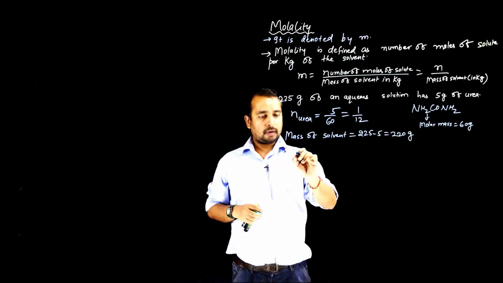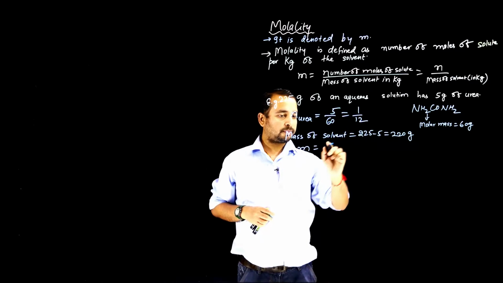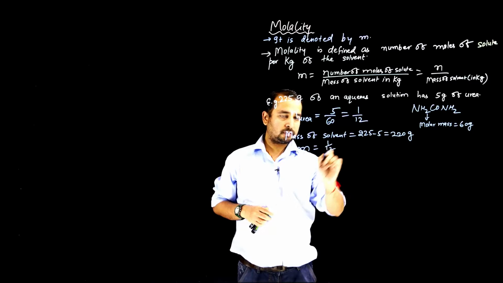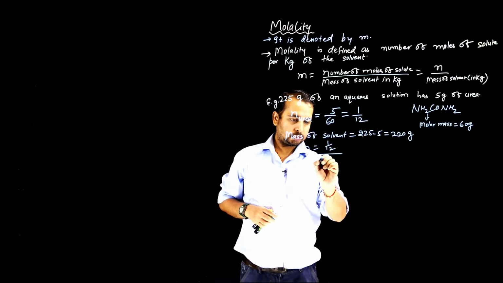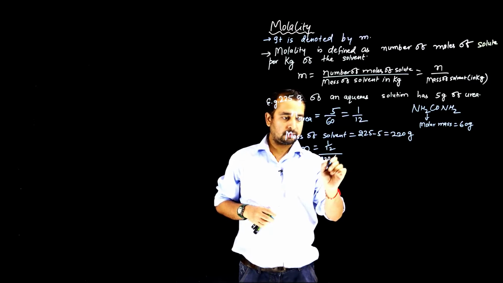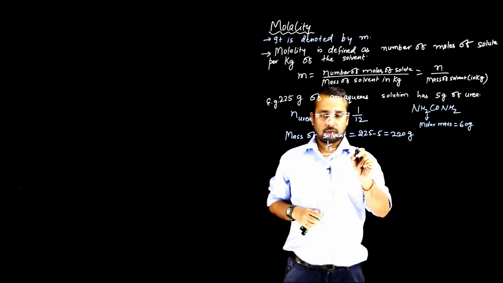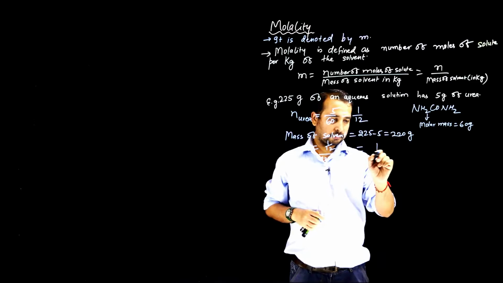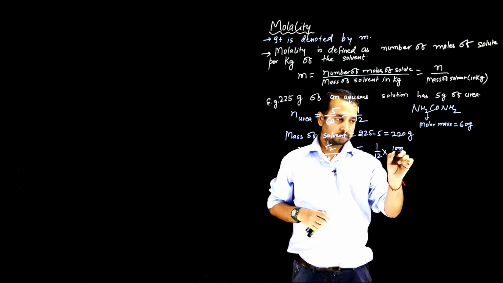Now how can we find the molality? m is equal to number of moles, which is 1 by 12, divided by the mass of solvent in kg, which is 220 divided by 1000. So we calculate 1 by 12 into 1000 by 220.